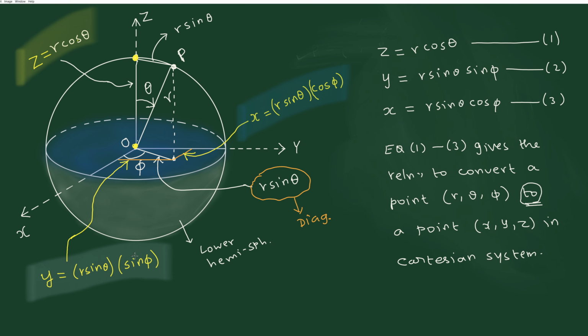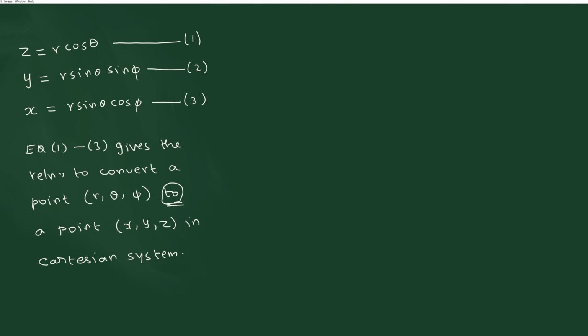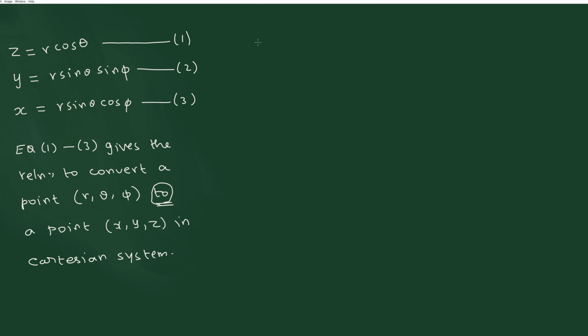So keeping 1, 2, 3, let us now do some small calculation. Consider what will happen if we square and sum these. Then x square plus y square will be equal to, on the right hand side, r square sin square theta, and then sin square phi plus cos square phi.